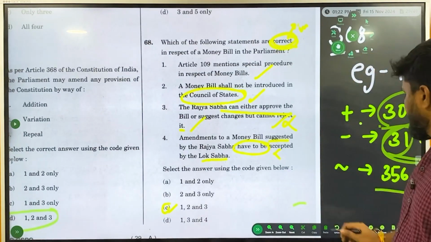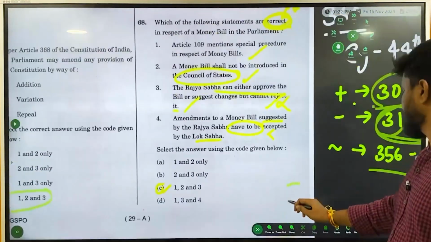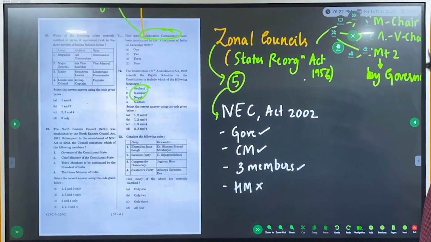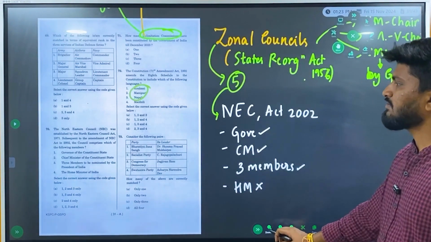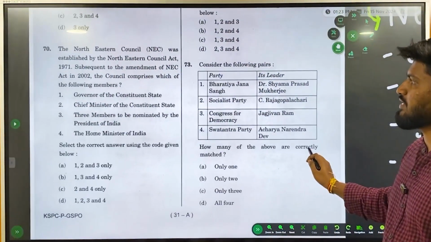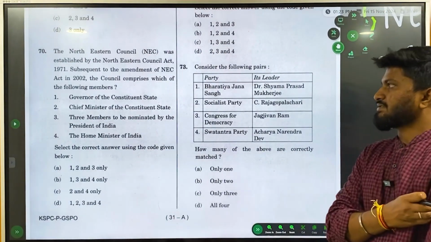Now after this, the next question regarding polity is about the Northeast Council. We'll try to answer this question.